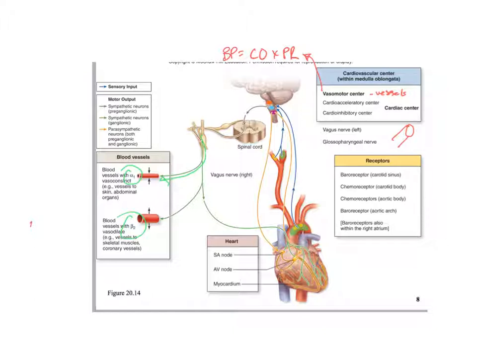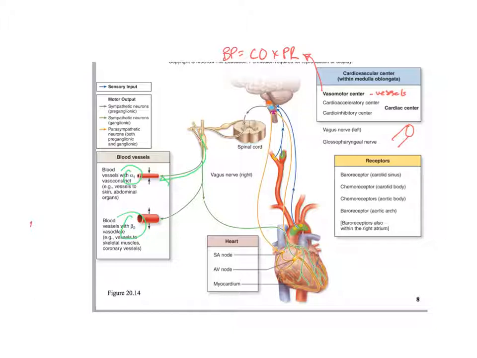Because pressure is so important, there are receptors in your body that will recognize changes in pressure. They are called baroreceptors. And in the vessels you've learned about, where is pressure really, really important?